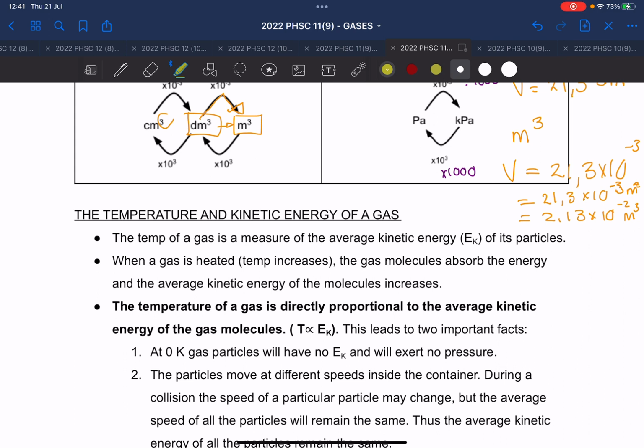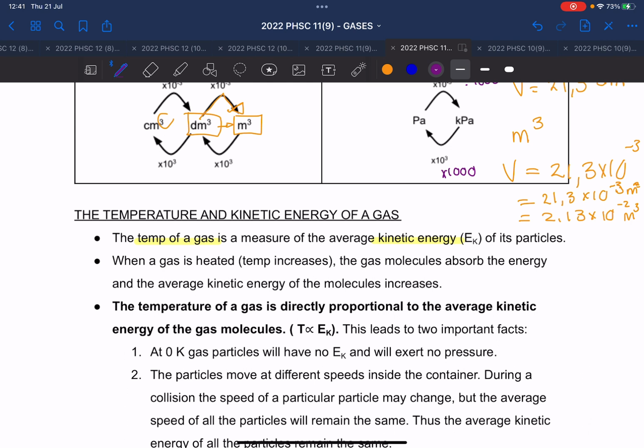So when the temperature increases, the molecules take the heat energy from the temperature increase and apply it onto themselves. And when they take energy, they convert it to kinetic energy and they start moving faster. So the temperature of a gas is a measure of the kinetic energy.